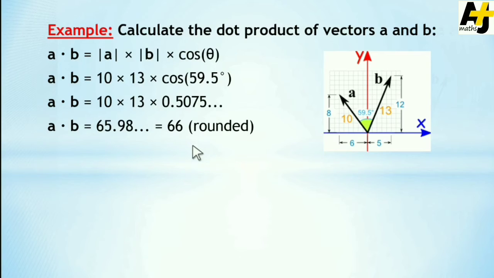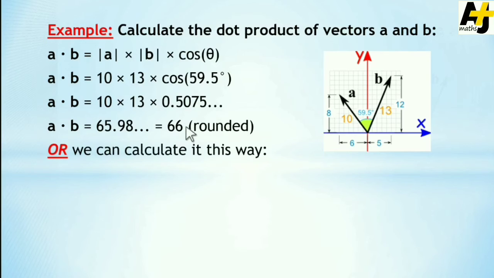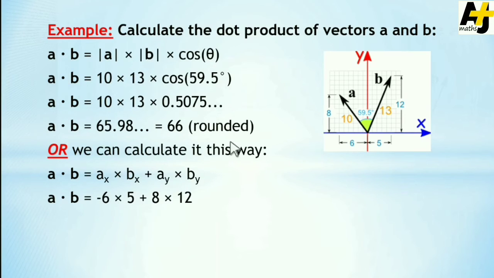So this is one way of writing the dot product, or we can calculate it this way. As we have used the formula, that is x component multiplied with x component and y component with the y component of the other vector, then add. Look at the minus 6. This is minus 6 because it has the opposite direction, negative x along the negative direction, that's why we are using minus 6.